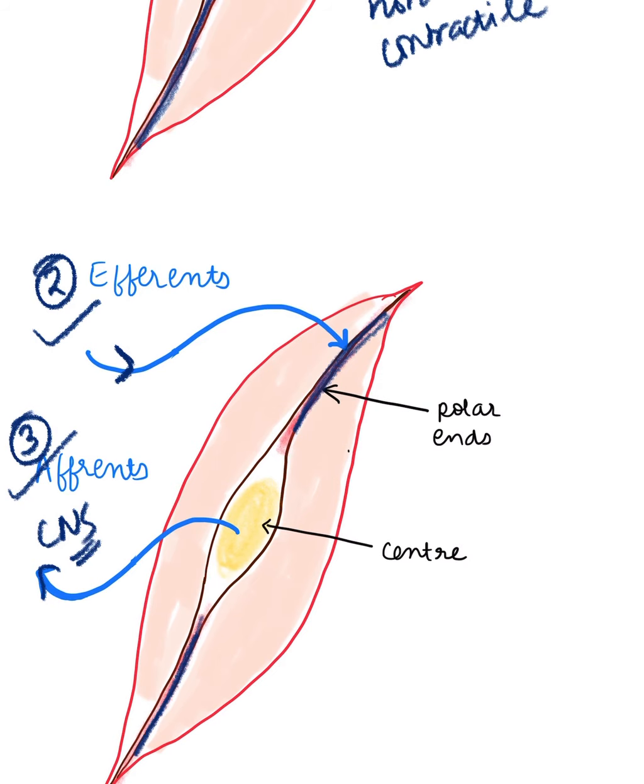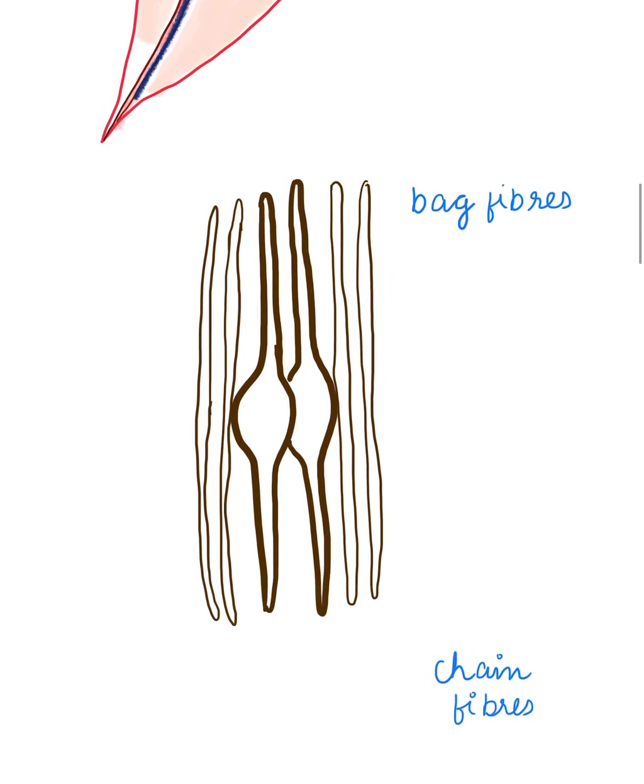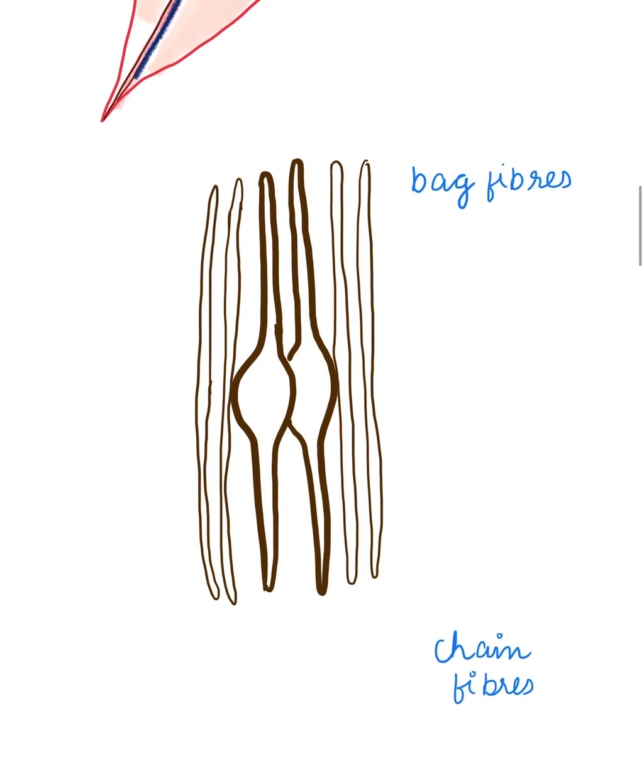Let's study them one by one. The intrafusal fibers. The intrafusal fibers are of two types: the nuclear bag fibers and the nuclear chain fibers.